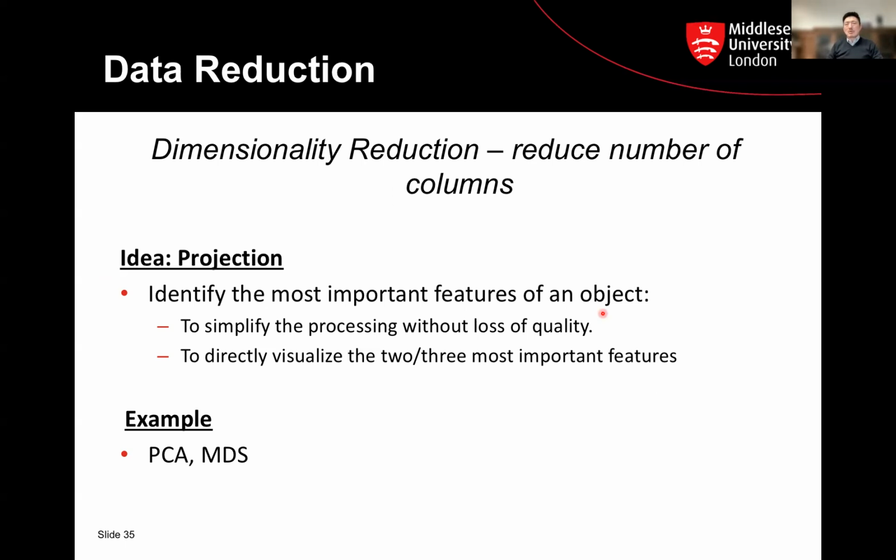We try to create new dimensions, sometimes a linear combination of existing ones, to represent the data instead of using the existing ones. Examples include PCA and MDS. PCA stands for Principal Component Analysis, and MDS stands for multidimensional scaling. These are quite classical methods for dimensionality reduction.